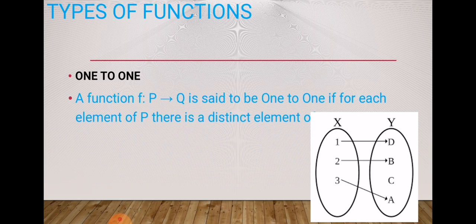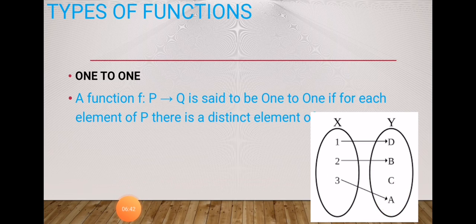If there is a distinct element of Q for each element here, and I have taken a picture of x and y, consider this example. For each value of x there is a distinct value of y.